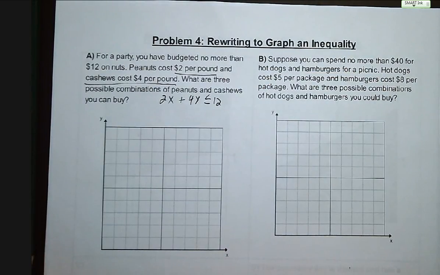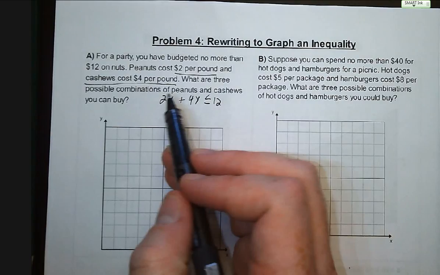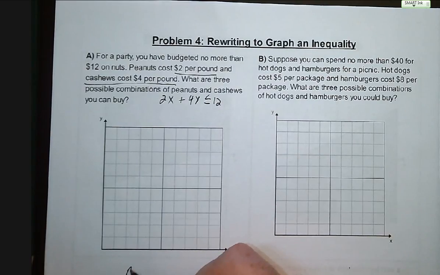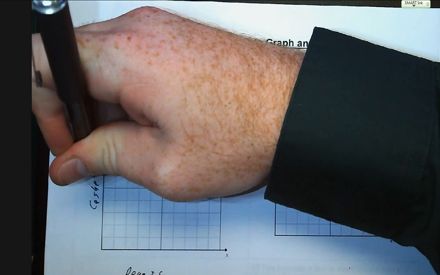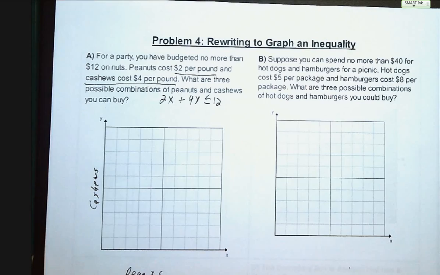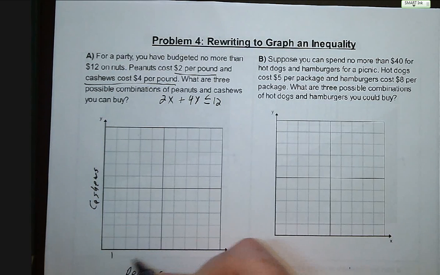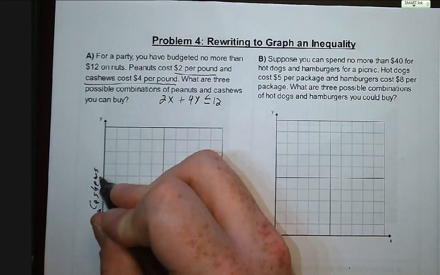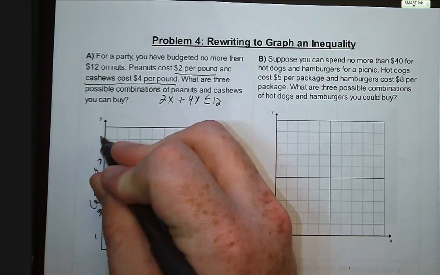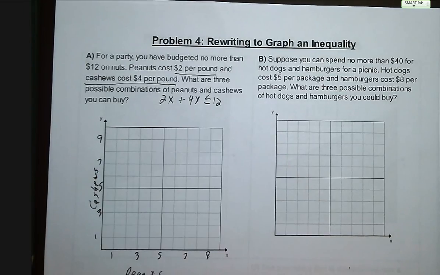Okay, so we have peanuts on our x, cashews on our y, and we're going to go by ones on our axes. So we need to find our intercepts because we got a standard form equation.